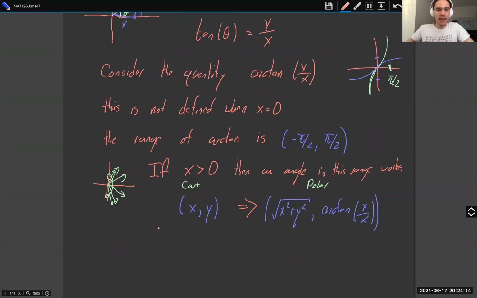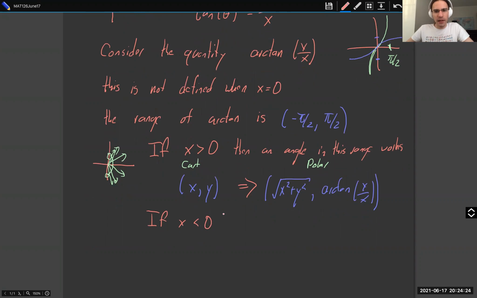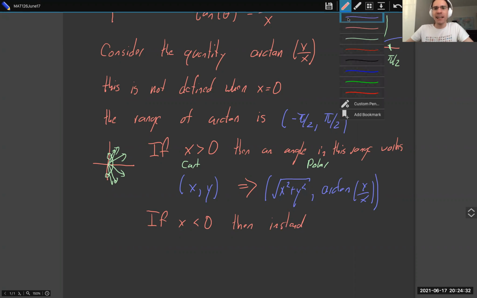Now, what happens if x is less than 0? And remember, these representations aren't unique. I could consider some other ones as well. The problem with the angle is that, let's see, which two angles have the same tan?